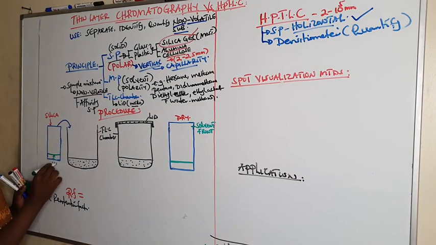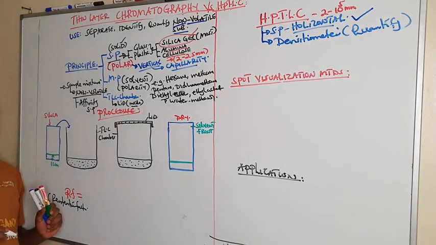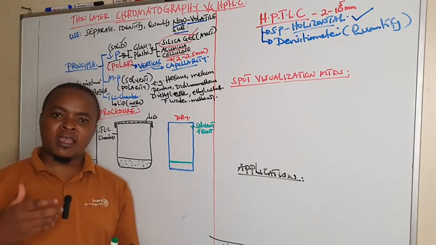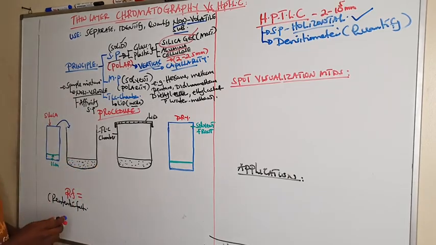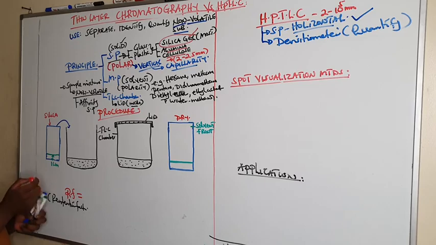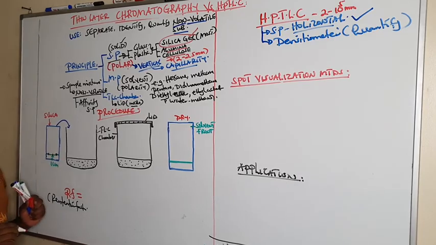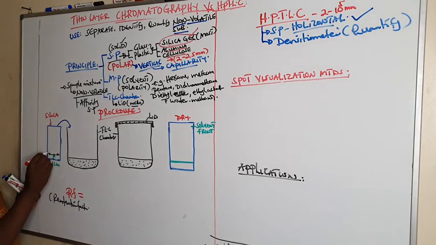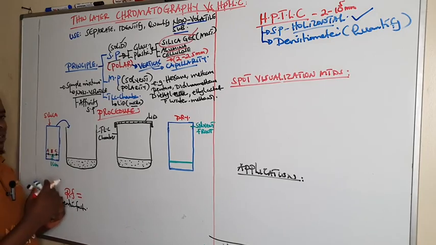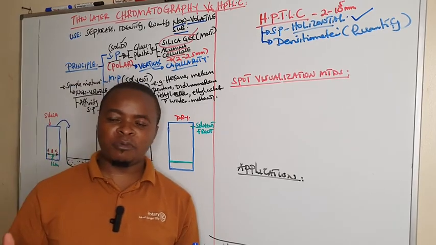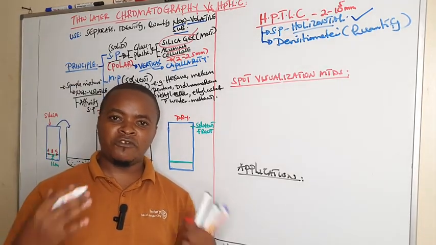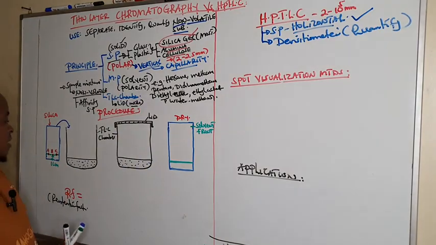After drawing this line, we are going to apply different spots at equal distance in between them. So I have applied these spots A, B, and C. These are different non-volatile substances which I'm interested to separate and identify.